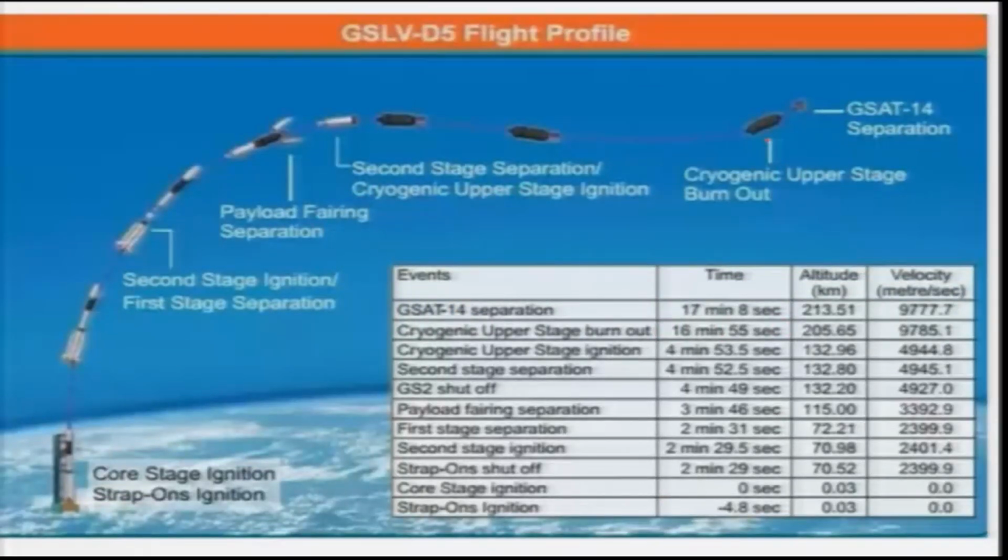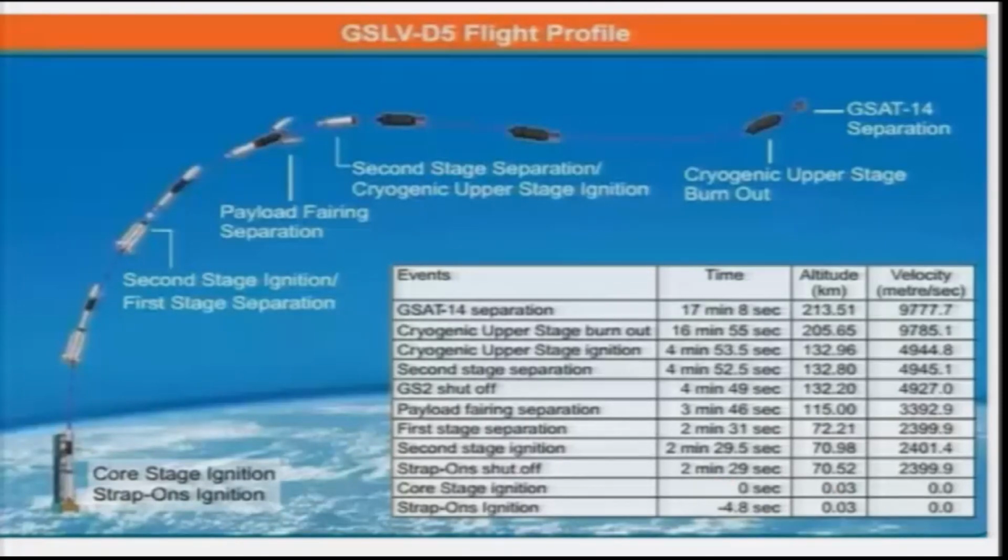And let us look at a GSLV flight profile, GSLV D5. If you look at it, it has a vehicle here, and this is your core stage and strap-on ignition. Core stage ignition will start at around 0 seconds, and strap-on ignition will be before that, at minus 4.8 seconds.